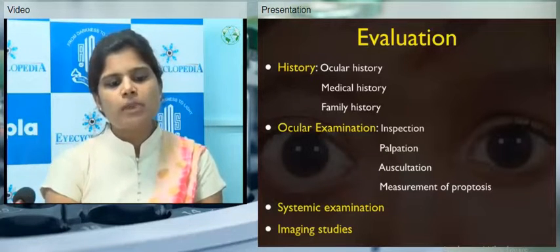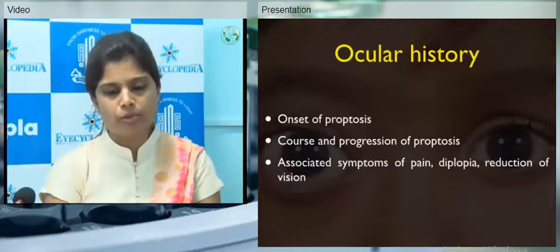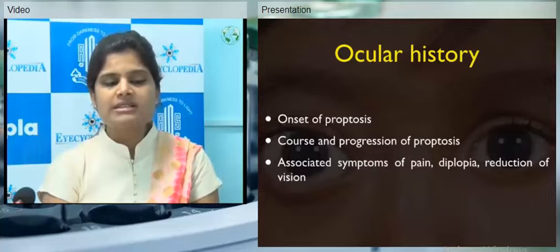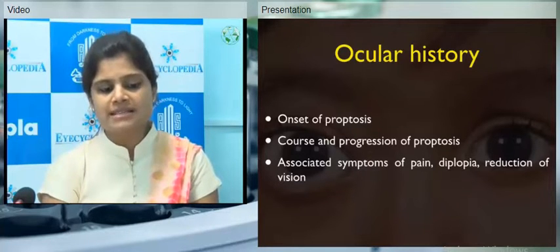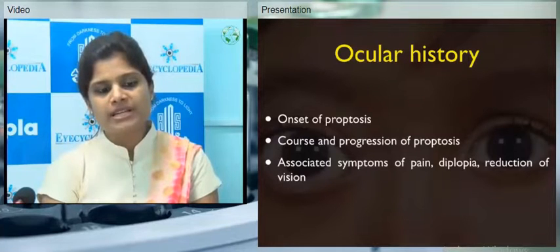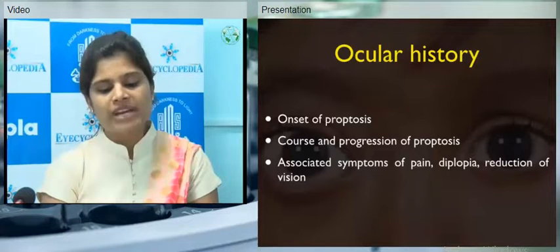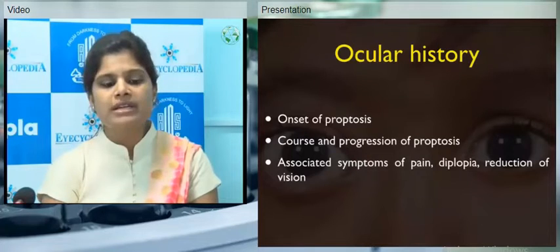First, when we talk about the ocular history, we always have to ask about the onset of proptosis. As we have discussed already, the onset can be sudden or gradual, and then the course and the progression of proptosis, whether it is stationary or gradually progressing, and whether it is a chronic progression or an acute increase in proptosis.